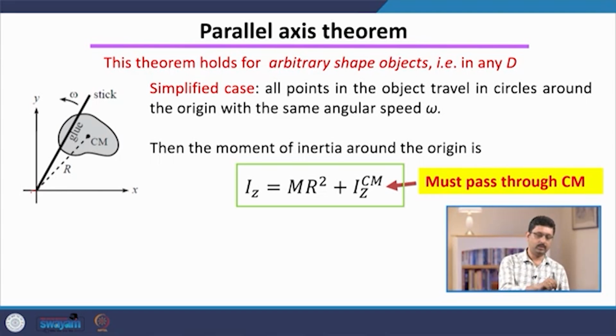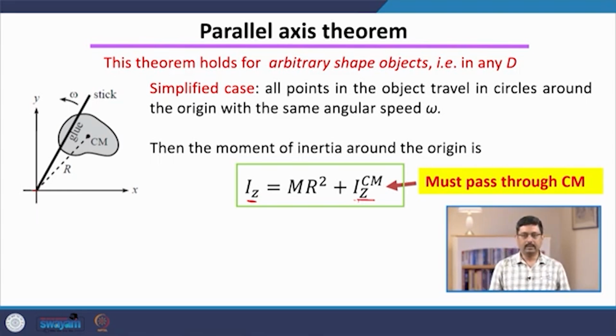We also take a parallel axis passing through the center of mass, and we compute the moment of inertia of the object around these two axes: one through the origin, which is Iz, and the other about the parallel axis passing through the center of mass, let us call it Iz,cm.